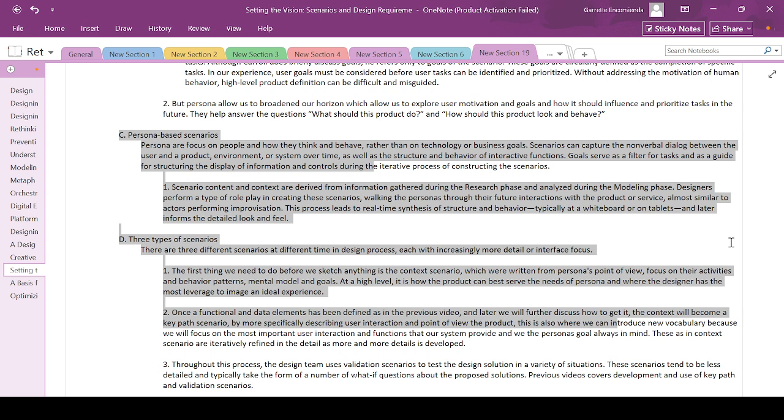Goals serve as a filter for tasks and as a guide for structuring the display of information and controls during the iterative process of constructing the scenarios.